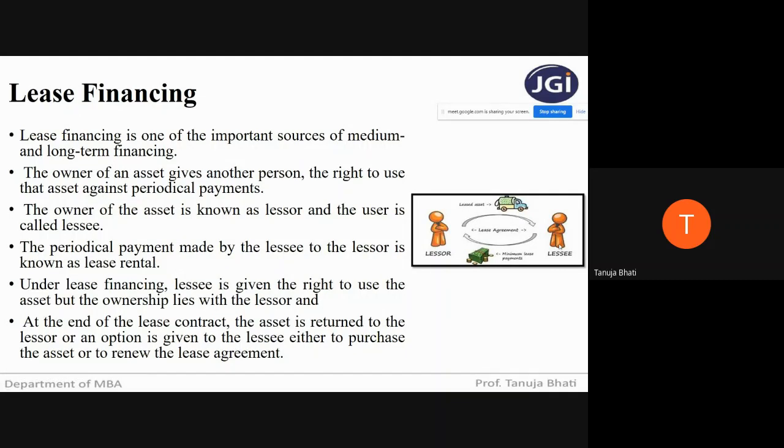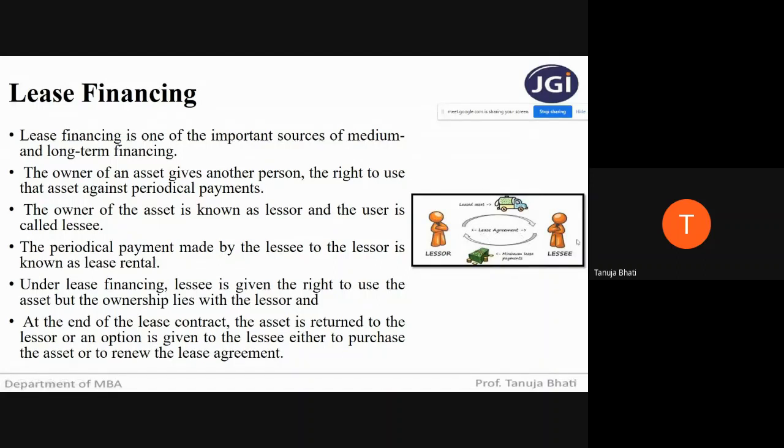The lessor will charge lease rentals, that is, every month, quarter, half yearly or yearly, the lessee has to pay the lessor a certain amount as rental for using this asset. And all these terms and conditions are agreed in the form of a lease agreement. First, a lease agreement is prepared.